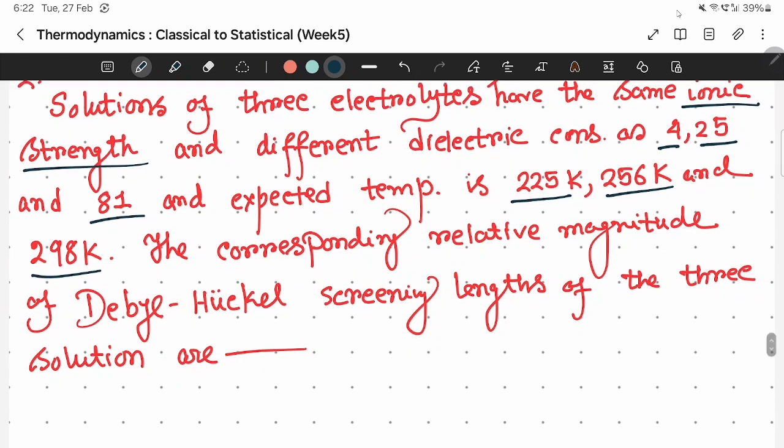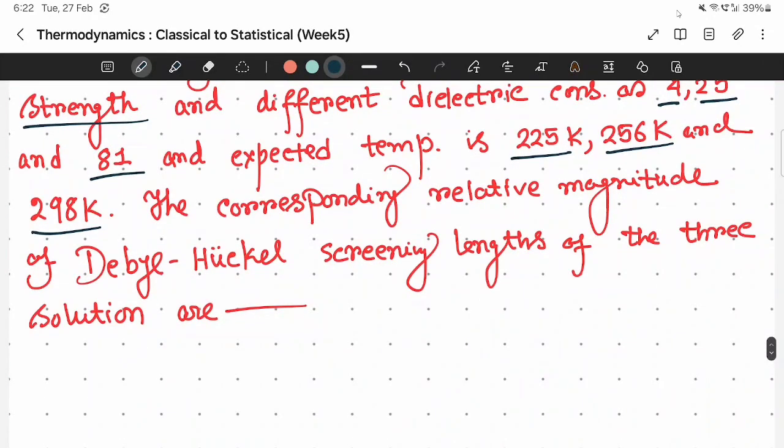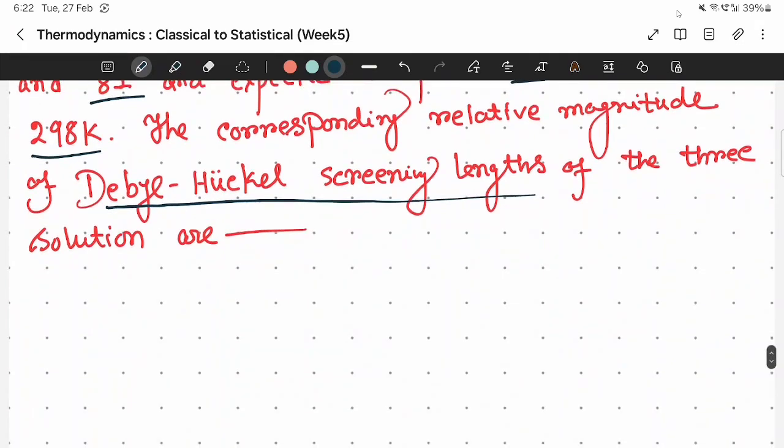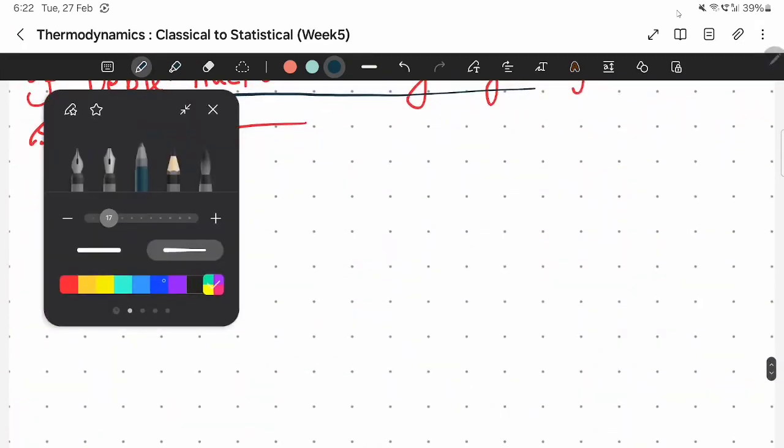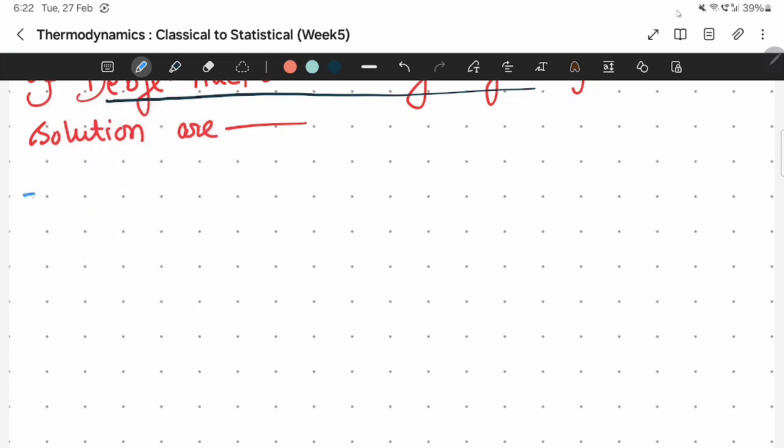Now, they have asked the relative magnitude of the Debye screening length, that is the ratio for these three solutions. Let's find it out. For that, we need to know what the Debye screening length is.